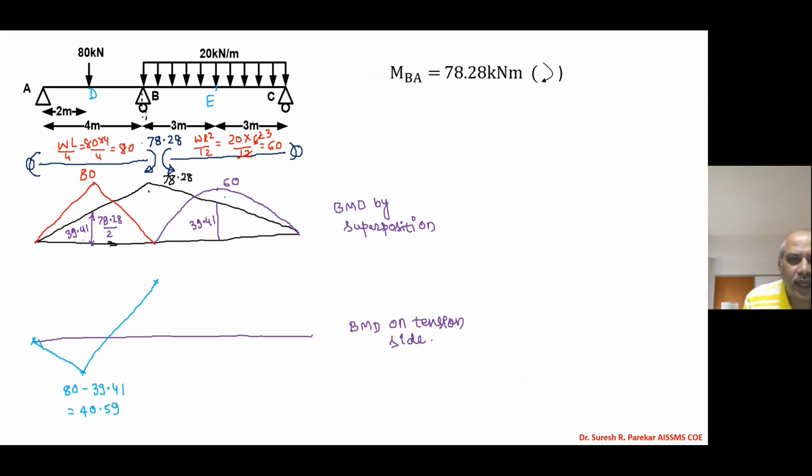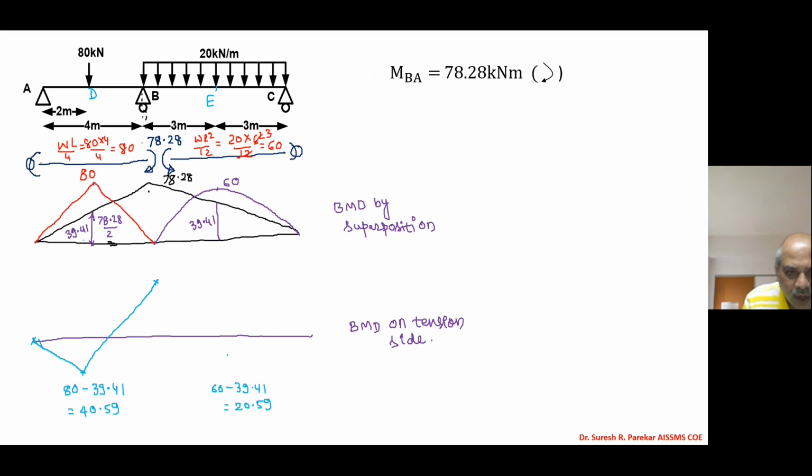Now at this point we have the value 60. This is 39.41. So we have 60 minus 39.41, and we will get 20.59 kilonewton meter. Again that is at center.